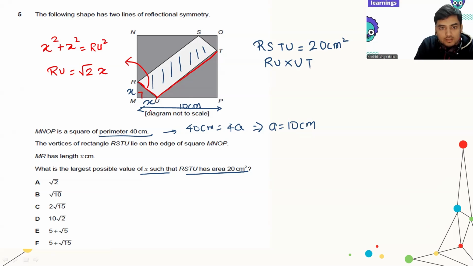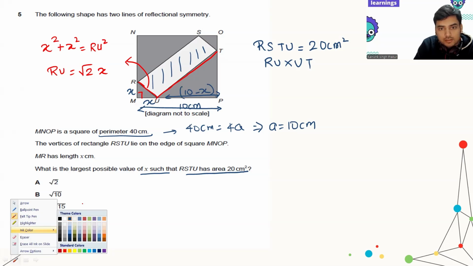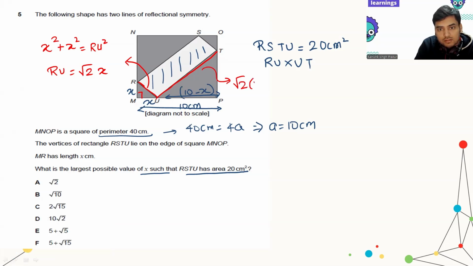In the same way, this is x, so this length would be 10 minus x here. If the whole is 10 and this is x, then the remaining is 10 minus x. So in the same way, you'll get UT as root 2 times (10 minus x). And the multiplication of RU and UT gives you the area, which is 20.